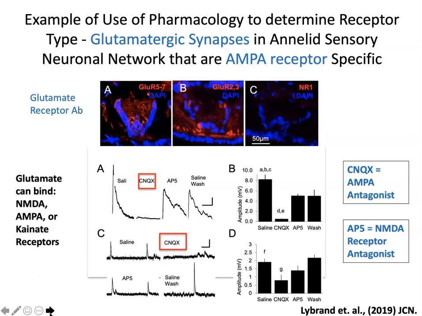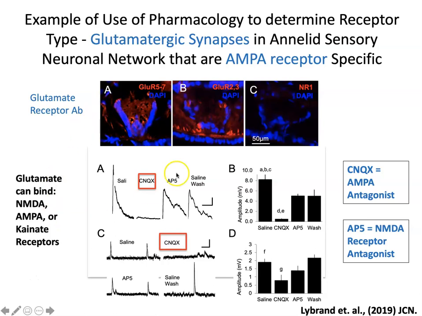Here's an example from a paper that I published with a colleague last year. It says 2019. I think they actually released it in 2020. But in my worm, we were trying to understand whether or not glutamate was functional at a specific synapse in the worm. My colleague had done some electrophysiology with a specific neuronal connection within the worm.